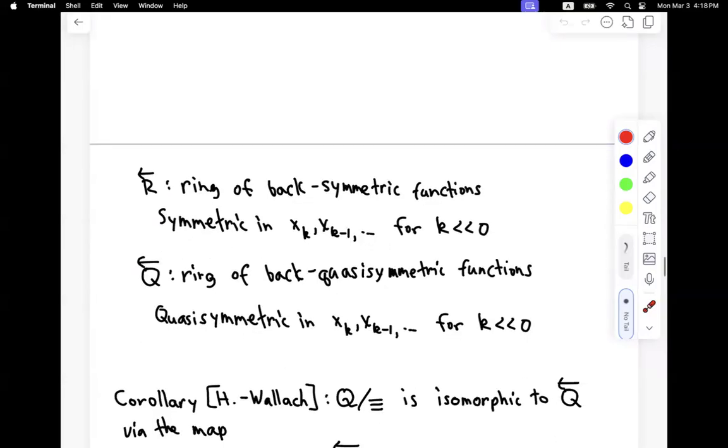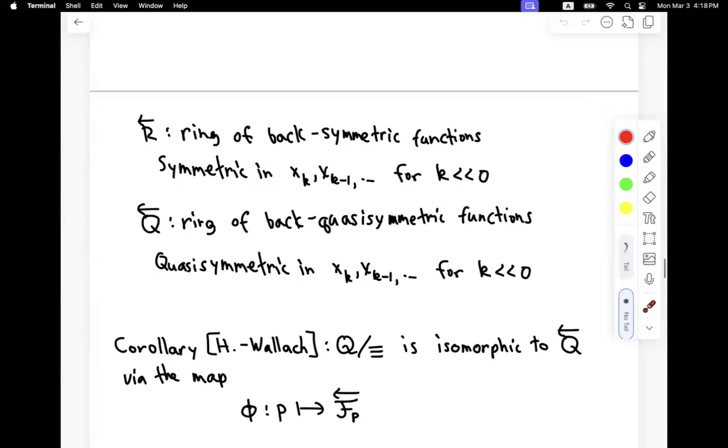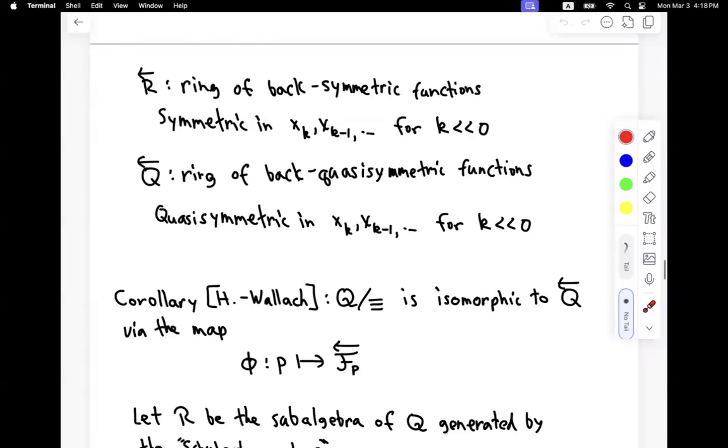Okay, and so the corollary of all this formalism is that the colored shuffle algebra modulo equivalence is isomorphic to the ring of back quasi-symmetric functions just by the map of sending a colored word to its corresponding backstable slide polynomial.